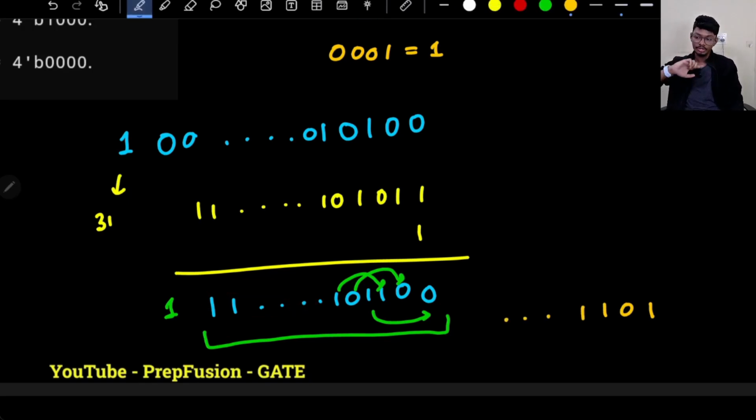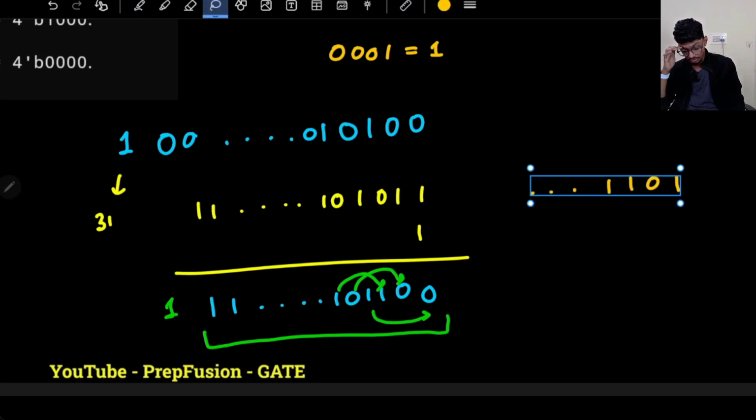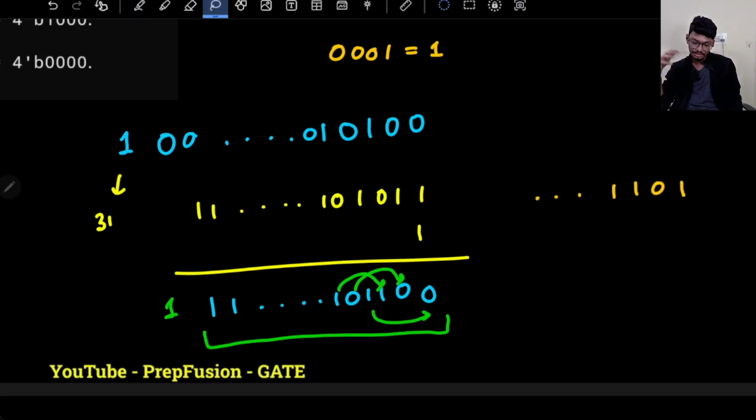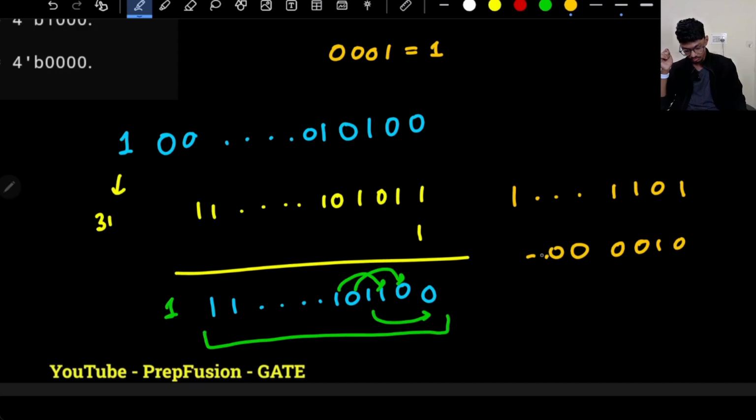Now how do I come back to my original number? To come back to my original number, again you have to take the 2's complement. The 2's complement will be the complement of this number, that is 0 0 1 0, and the rest are all ones, so those will become all zeros. Obviously the MSB is 1, this will not change, this will be bit 31.